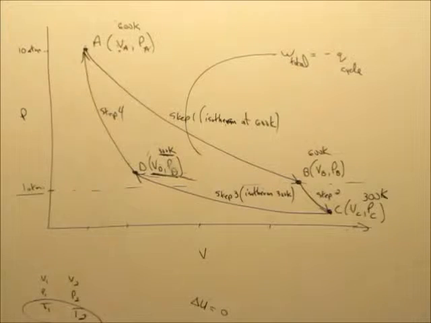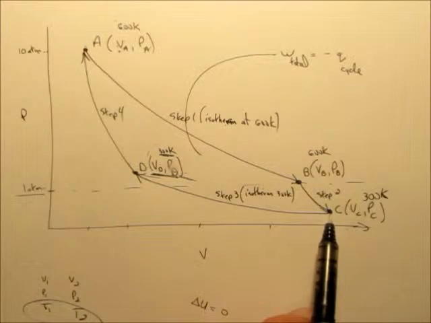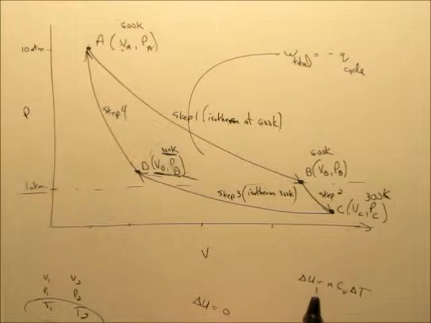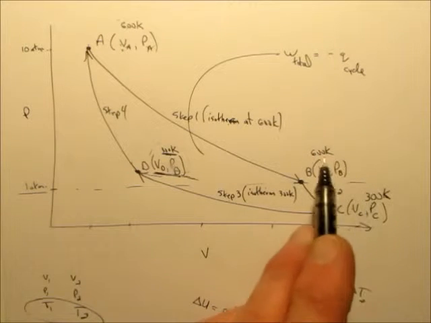Entropy is a little different. You already know that there was a temperature change from B to C. So for instance, calculating delta U, you could have delta U equals n CV delta T. If I'm doing step 2, the change in temperature is 300 minus 600.